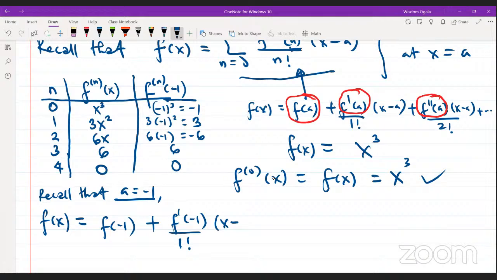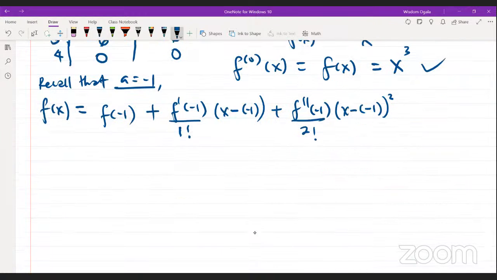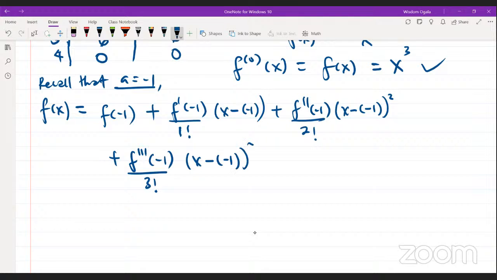So this is times (x minus (-1)), right? Plus f double prime of -1 divided by 2 factorial times (x - (-1)) all squared, plus f triple prime of -1 divided by 3 factorial times (x - (-1)) cubed, right?